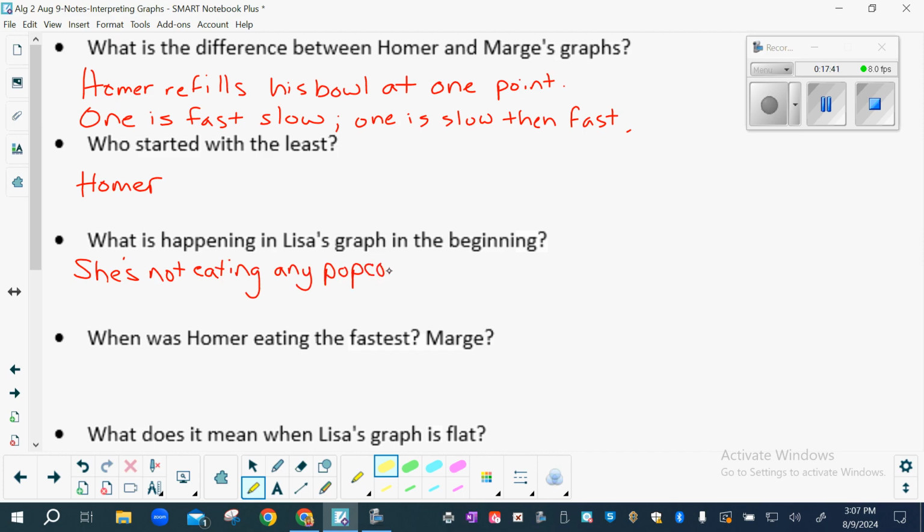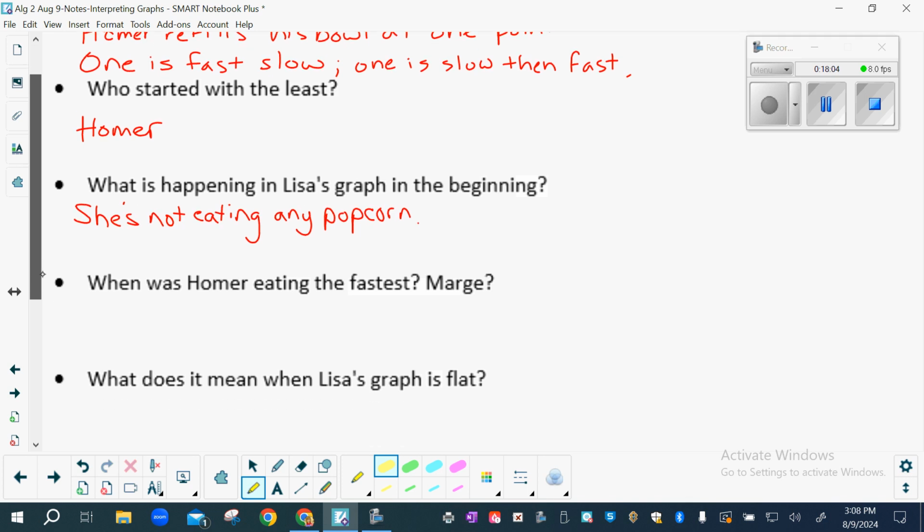We aren't asked to explain why, but what might be a reason why she might not be eating any? What's that? Yeah, sure. She's busy doing something else. So they're watching this Itchy and Scratchy show, so maybe she really likes it. So she's watching it and she's distracted. Or she couldn't not be hungry.